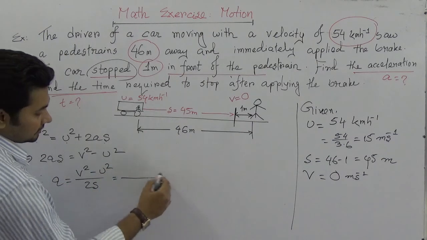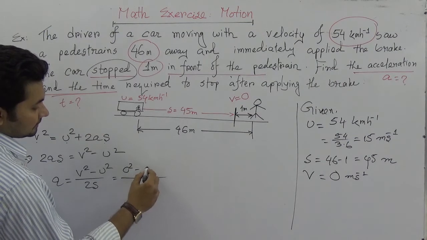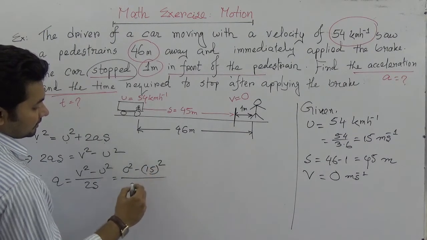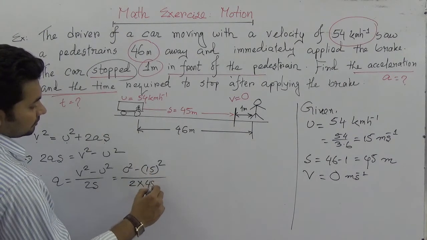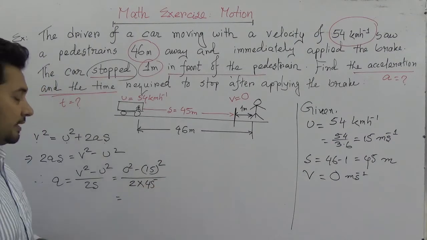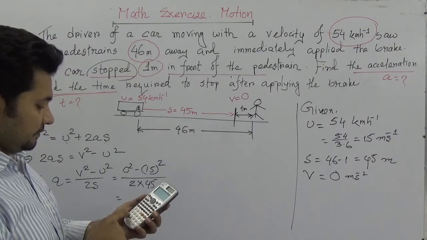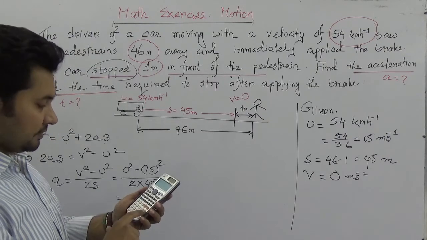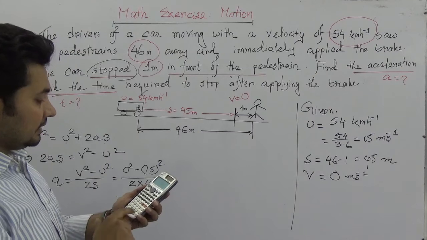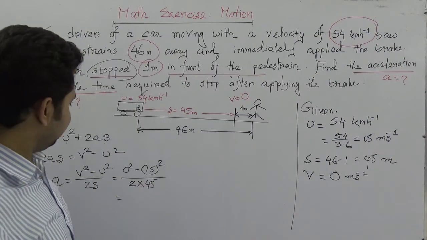If we do 0 squared minus 15 squared divided by 2 into 45, we get the value of a. It will definitely be negative, so 15 squared is 225 over 90, so it would be 2.5 meter per second squared.